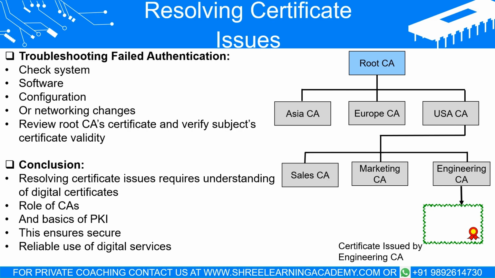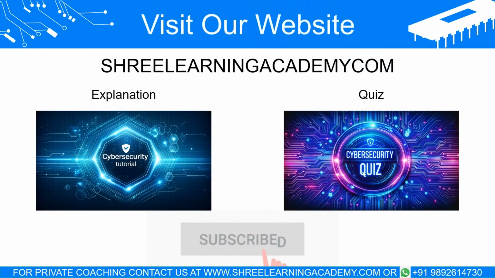Just as we trust our identification system in the physical world to keep us safe, the digital world relies on a similar trust system. By understanding and managing these systems better, we can help ensure a safer, more secure digital world for all.